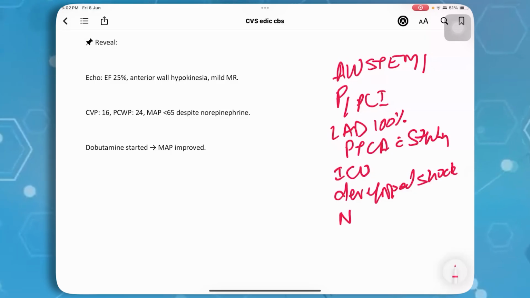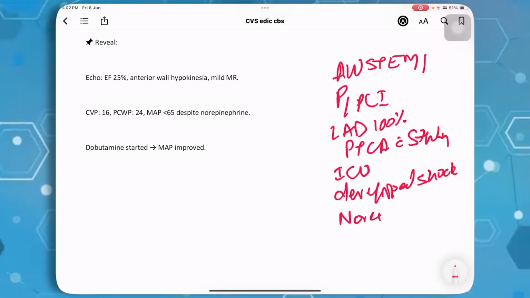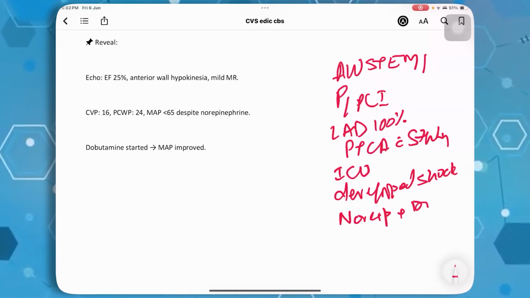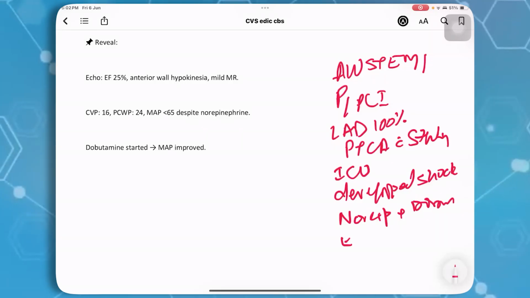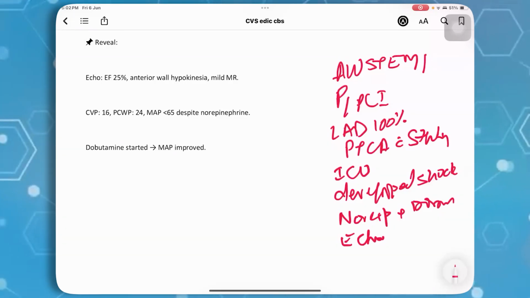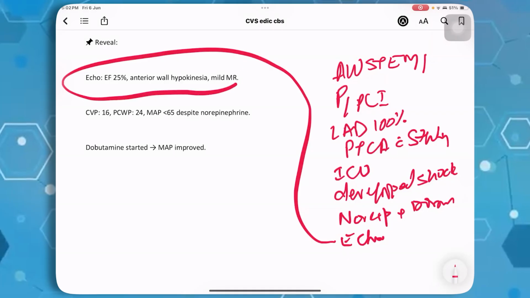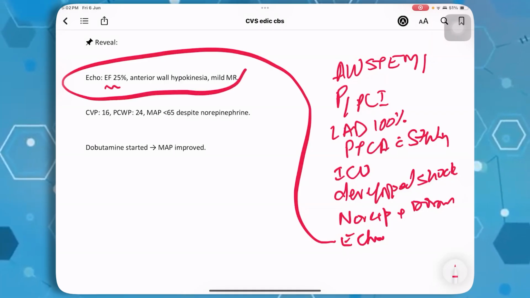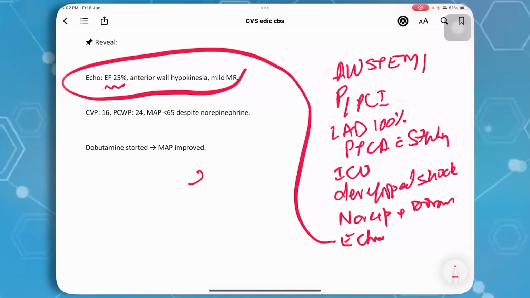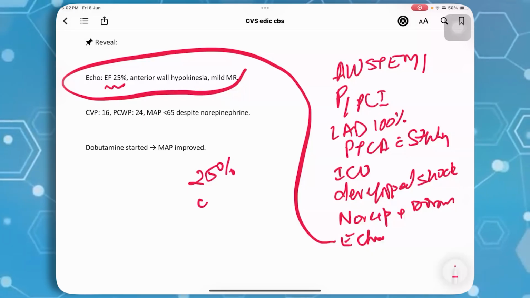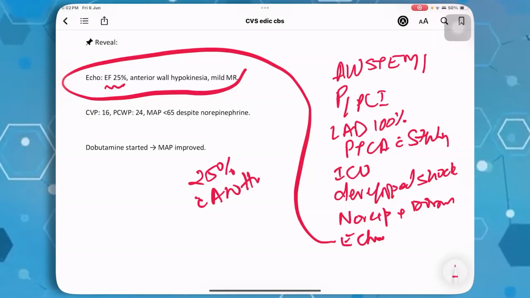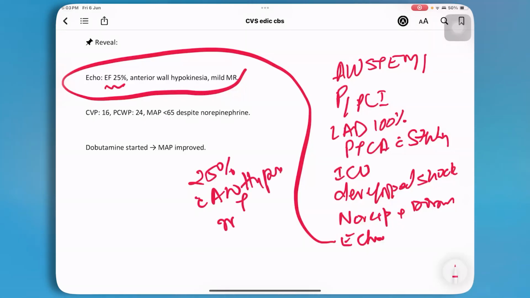We started the patient on norepinephrine plus dobutamine. We did an echocardiography, and this is what we find. This patient has an ejection fraction of only 25% with anterior wall hypokinesia, plus there is a mild MR.